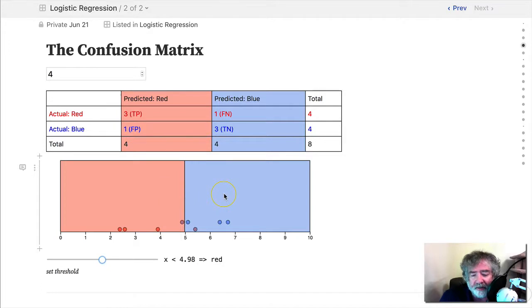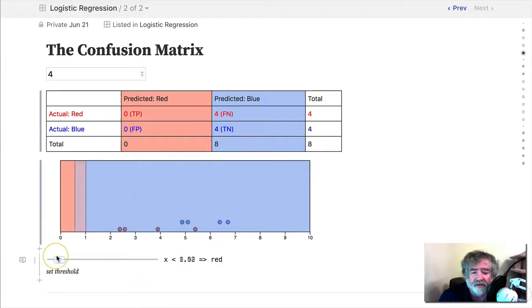If we go over to the other side, we've got an incorrect decision here. First of all, we've got 4 negative classifications right there. 3 of them are correct, and 1 is incorrect, false negative. And so basically, the confusion matrix is just laying out what's happening here in this visualization.